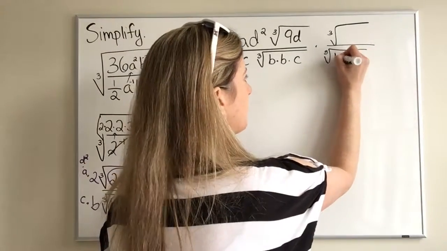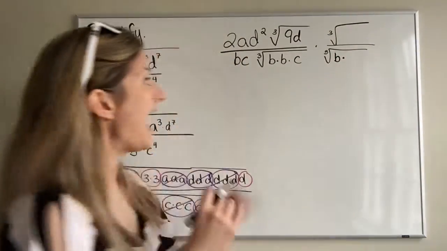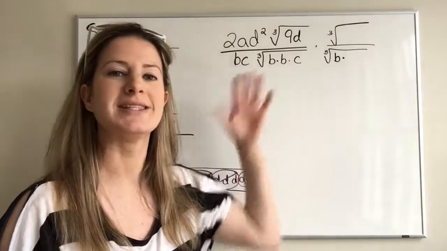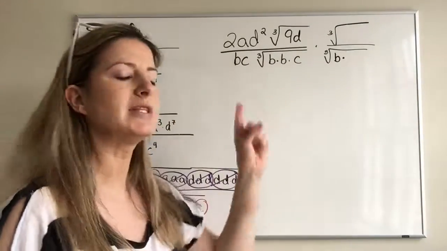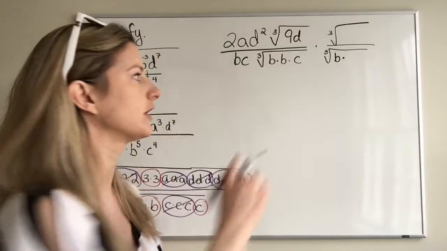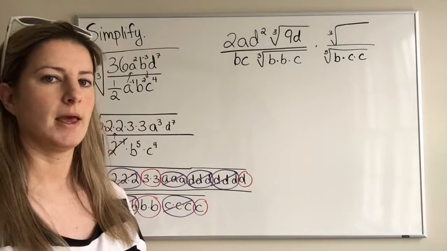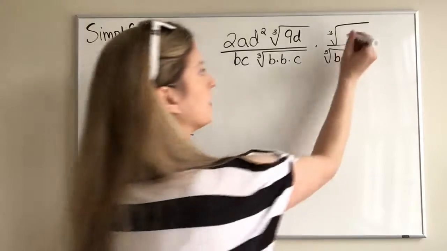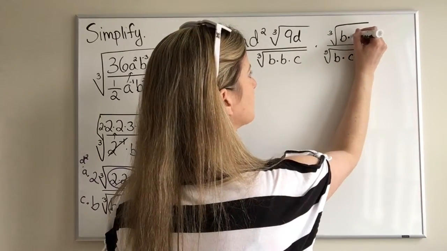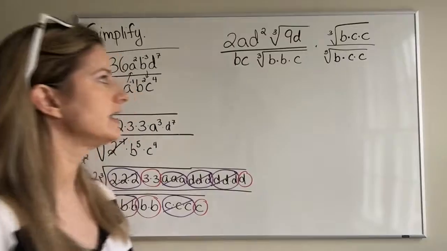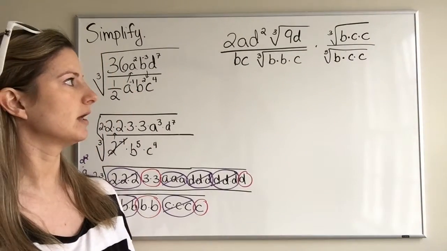So it's going to be times b, and then I need to create a perfect cube with c. If I have one c already, I need 2 more, so it's going to be times c. And then again, whatever you do to the denominator, you must do to the numerator, otherwise you change the value of the expression, okay?